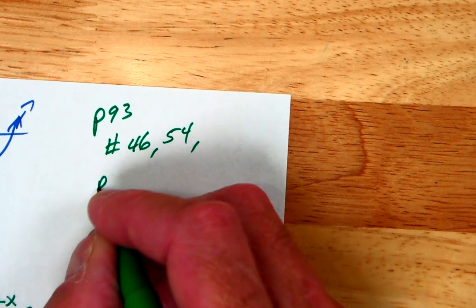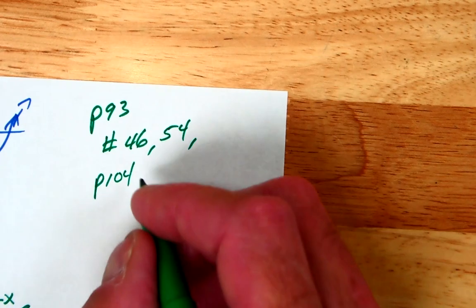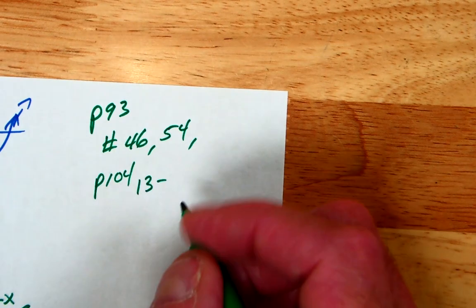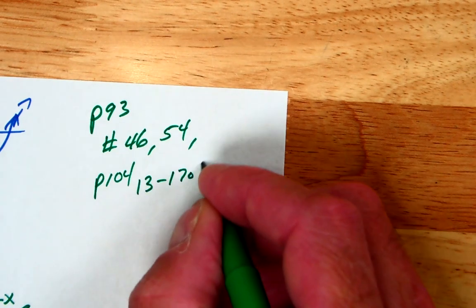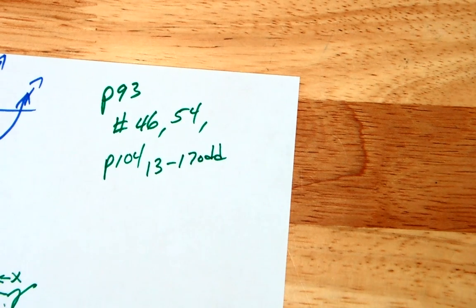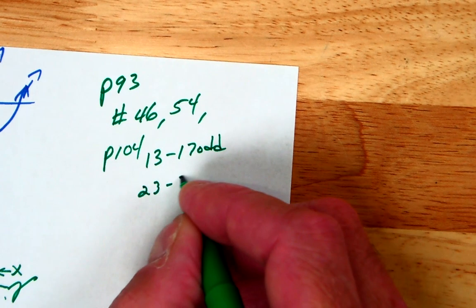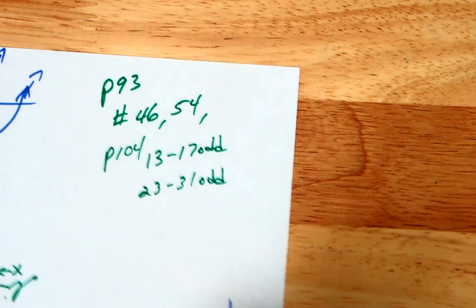Then we're going to do page 104, 13 through 17 odd. That's where you're just describing its end behavior using limits, like we just went over. 23 through 31 odd.